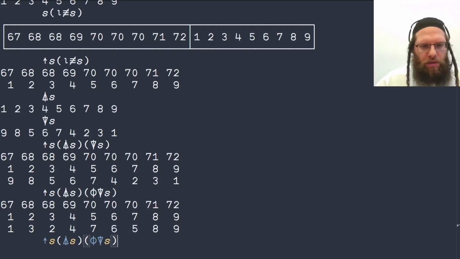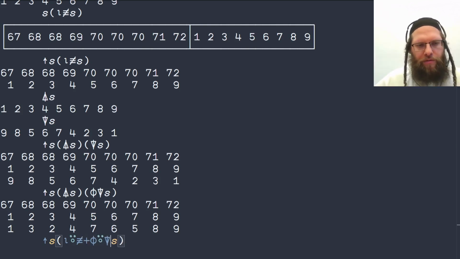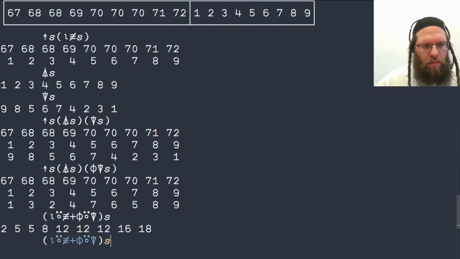So that means we can solve this problem by taking the grade of S, or say the indices of X. So these are the indices, and we add them to the reversal of the grade. It gives us double the score.